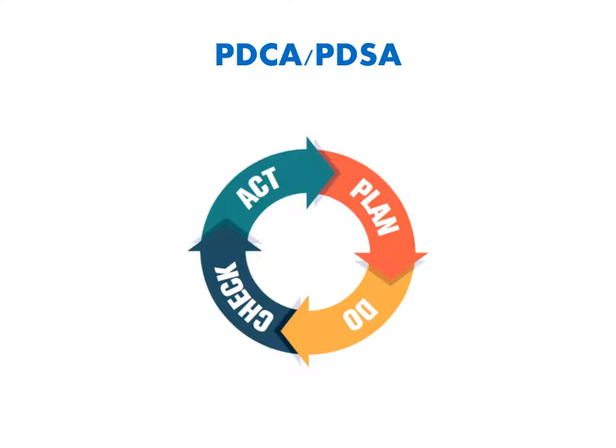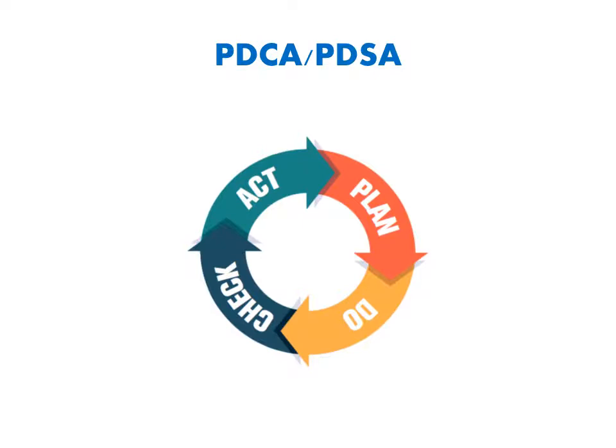If there is success, if there is significant improvement, this is the time you're going to act. Act means implement or generalize your implementation to all the units in the hospital.